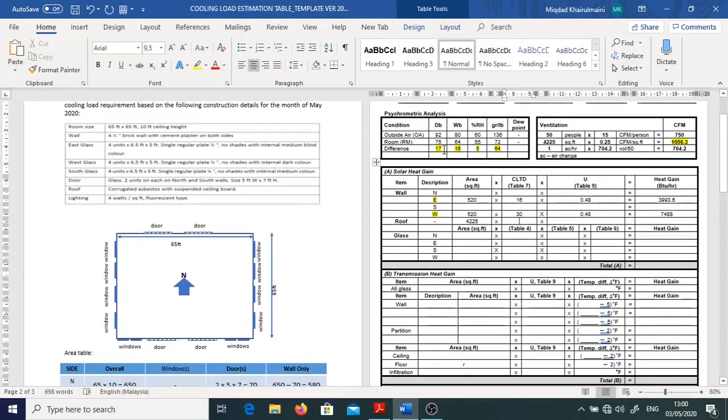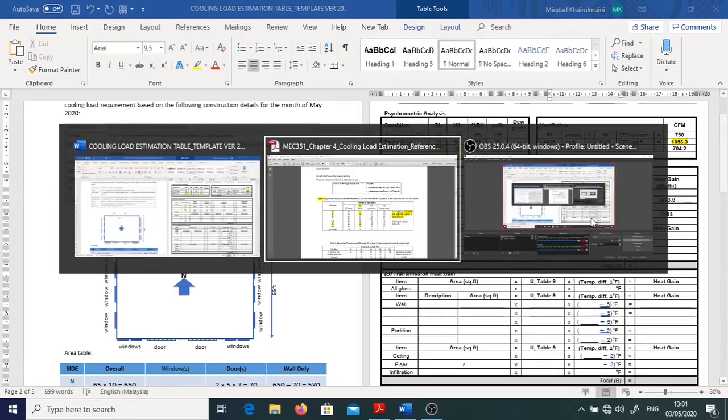If our roof is concrete, we will use table 8. All of these are in the notes and also in the video lesson. Since our roof is corrugated asbestos with suspended ceiling board, we will use the delta T for dry bulb, 17 degrees Fahrenheit.